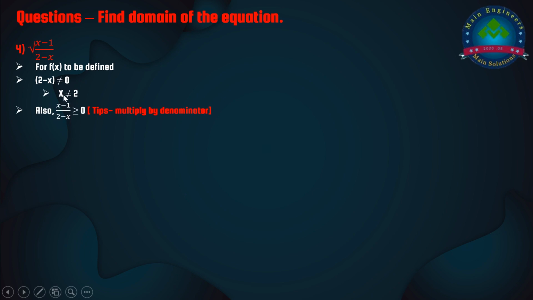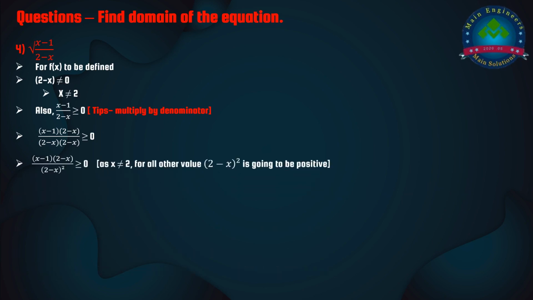Also, we know the root is non-negative. That's why we can say (x − 1) divided by (2 − x) is always going to be greater than or equal to 0. So whenever you see anything like this, how are you going to solve it? Always multiply by the denominator, up and down.